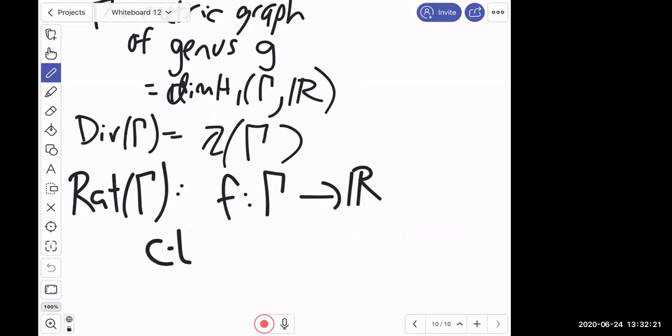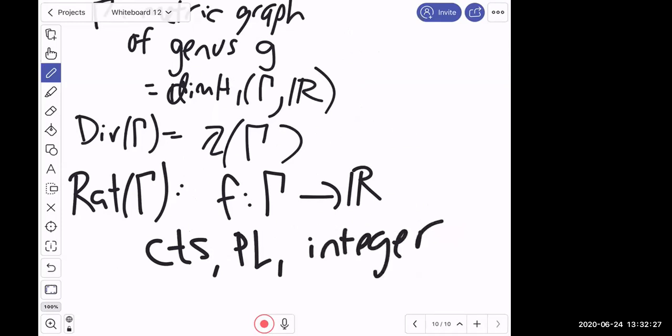It should be continuous, piecewise linear, and importantly, it should have integer slopes everywhere. That's really the tropical condition: it's piecewise linear or piecewise affine, and along each segment where it's affine, the slope should be an integer, positive, negative, or zero.